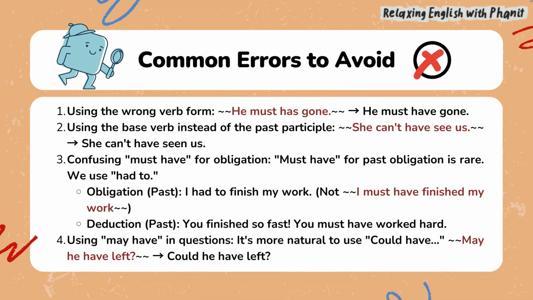I must have finished my work is a deduction, meaning I logically did it. For a past obligation, like I was required to, we say, I had to finish my work. And finally, using may have in questions. It sounds a bit odd. Instead of, may he have left, we say, could he have left? Avoid these pitfalls and you'll sound like a pro.